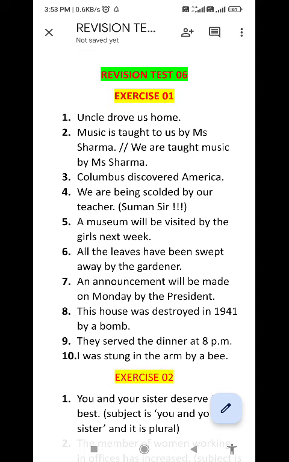Because it was written was served, so I made the main verb past tense, served, and the rest of the thing, the dinner, at 8 p.m. Last one was that I was stung in the arm by a bee. It was written that a bee stung me in the arm. So I was stung in the arm by a bee.